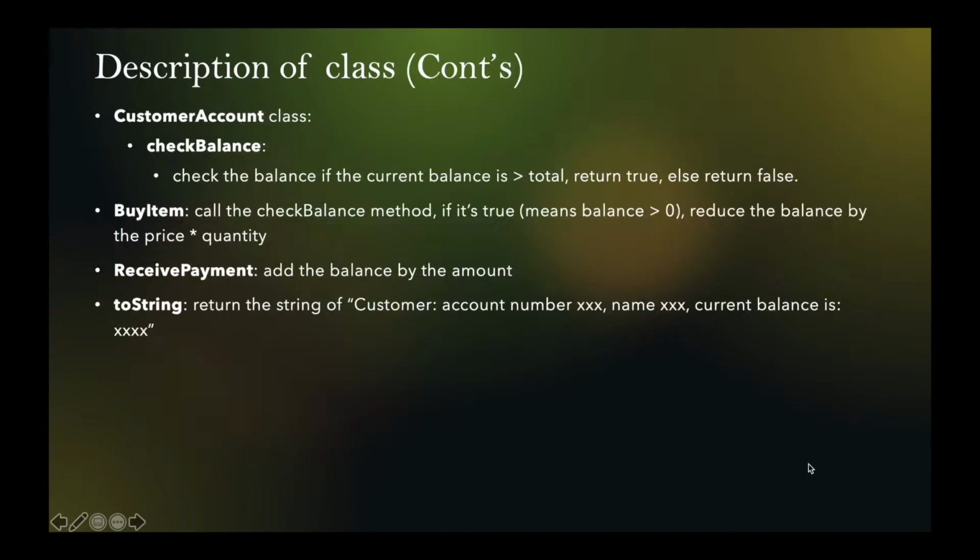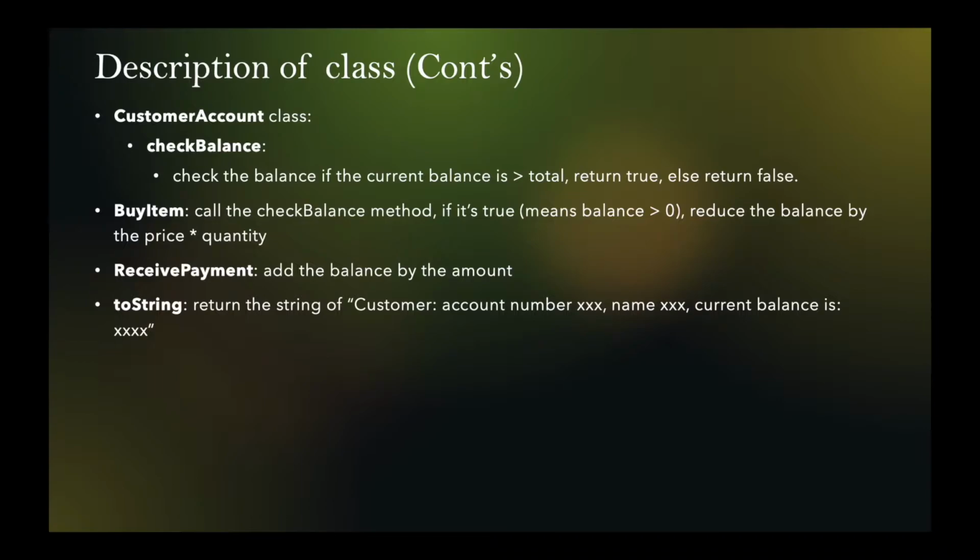All right. Then for the customer account, they are able to check the balance. If the current balance is more than the total, then it will return true, else it will return false. So the supplier account is able to sell items. Now the customer account is able to buy the item. So you call the check balance method first to check whether the account has a sufficient amount to buy some item.